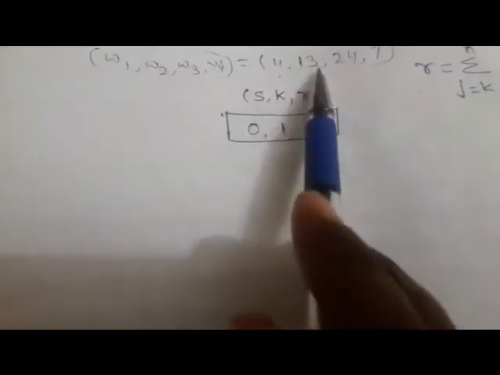When we add them, 11 plus 13 plus 24 plus 7, the sum is 55. So here the value of R will be 55.